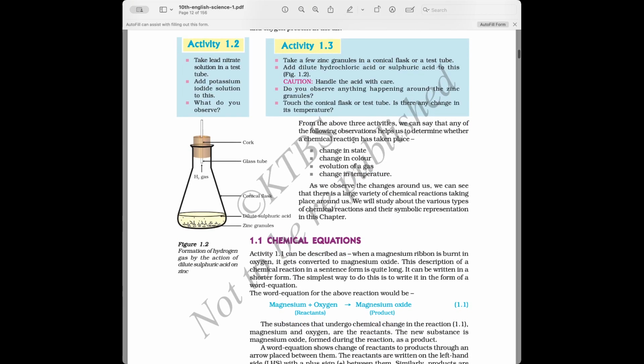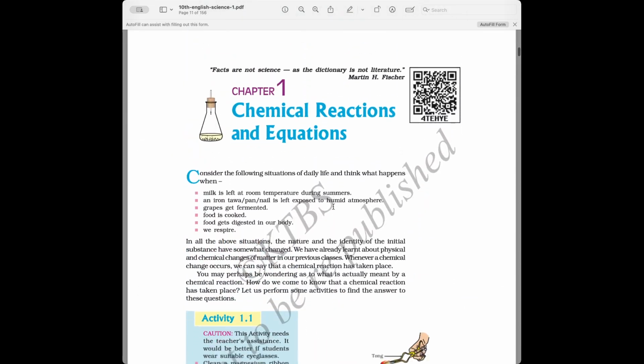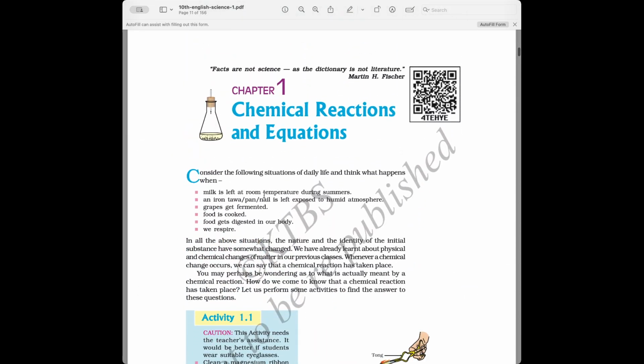So we can say that any of the following observations help us to determine whether a chemical reaction has taken place. These are the four properties: a change in state, a change in color, the evolution of a gas, and a change in temperature. As we observe the changes around us, we can see that there is a large variety of chemical reactions taking place around us. Earlier they had given real life examples: milk left at room temperature turning into curd, iron rusting, grapes getting fermented, and food being cooked.